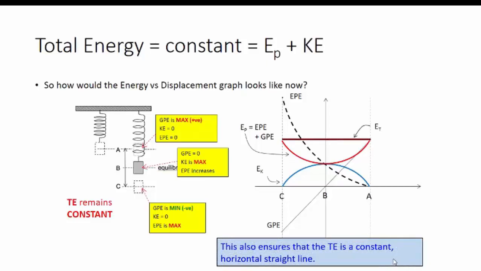So the sum of KE plus total potential energy, which is the total energy, is a constant value which doesn't change with the displacement from A to B to C. The total energy stays the same. The sum of the red curve and the blue curve is a constant. The red curve is the elastic potential, the dotted curve, plus the straight line due to GP.